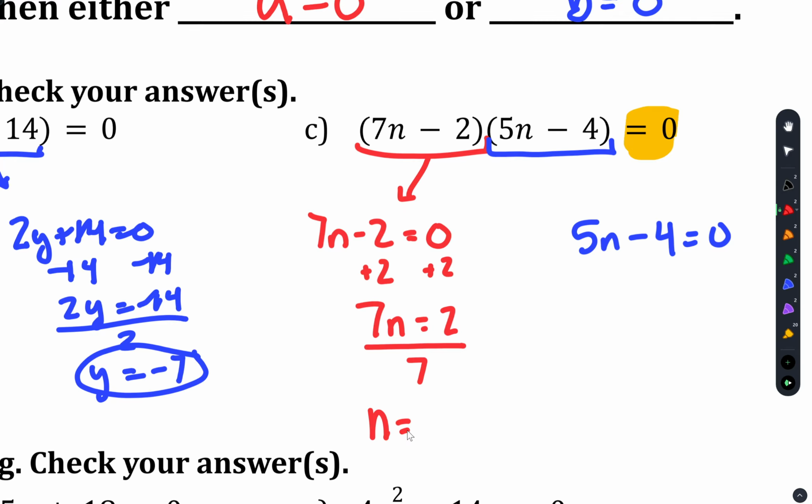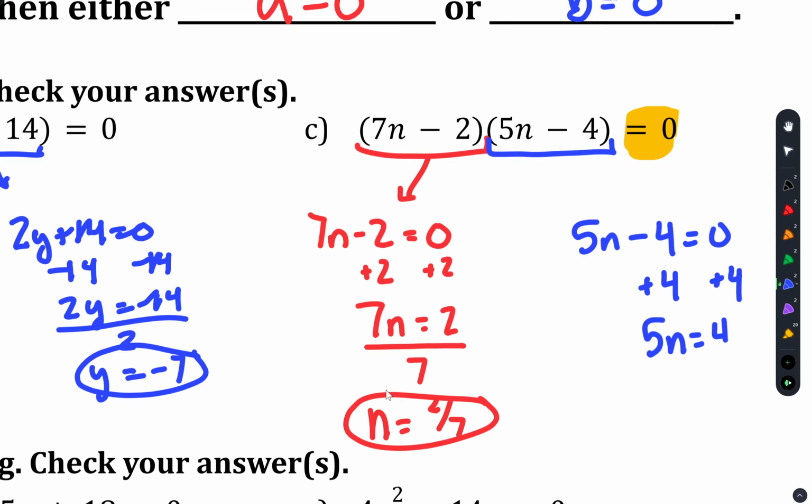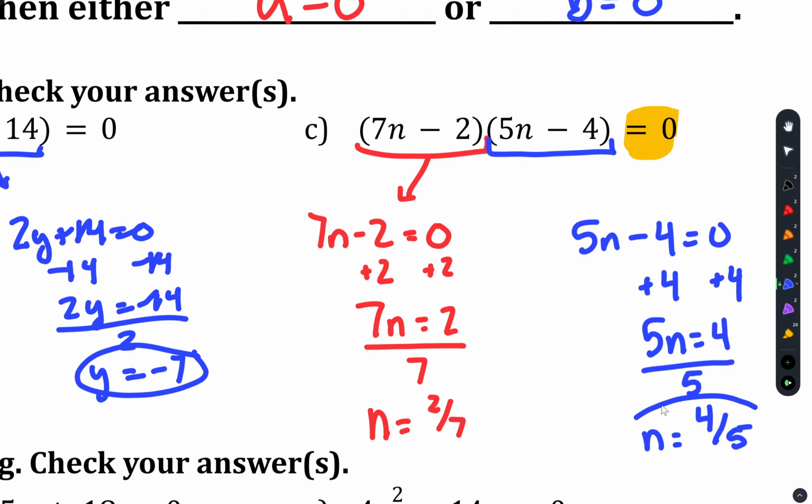If you want to leave it like this, 2 divided by 7, I will accept that. Actually, I prefer that you leave it in fraction form instead of decimal form. As long as that fraction is simplified, we can leave it like that. Same thing over here. Let's solve for n. We're going to add 4, and then divide by 5 to get n equals 4 divided by 5. And I can leave it like that.